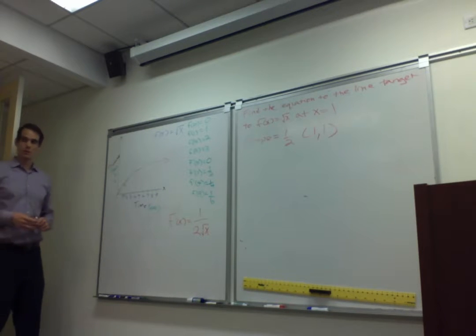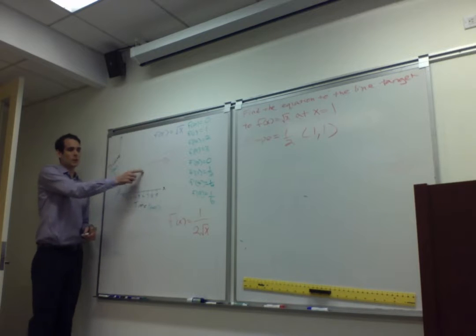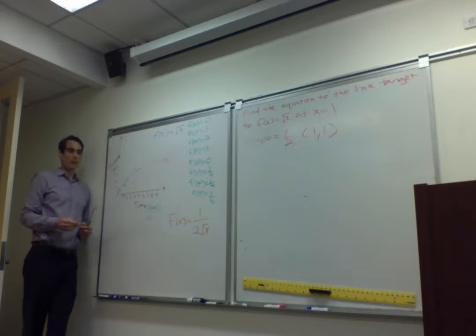So to summarize that, Nikita, please tell me how fast this rocket ship is going at 9 seconds. 1/6 kilometer per second.